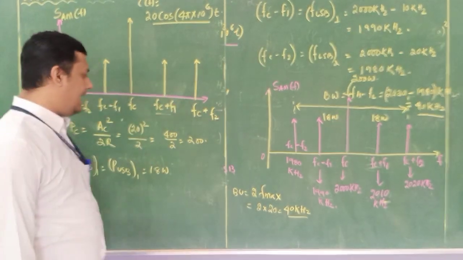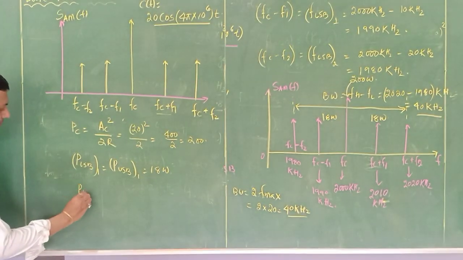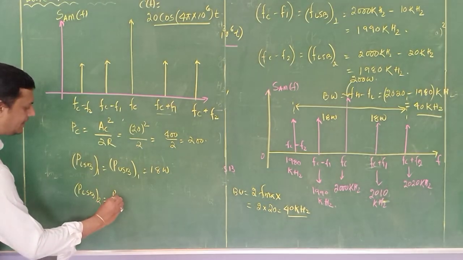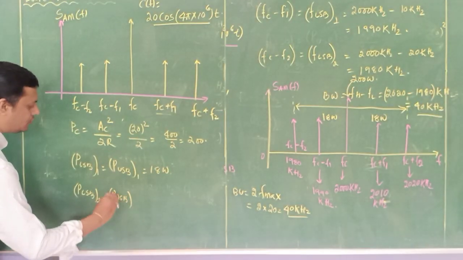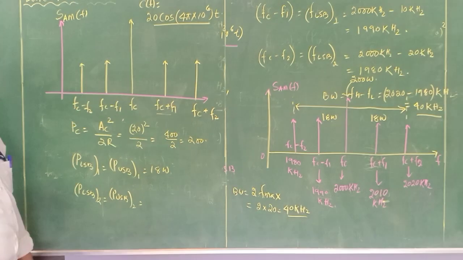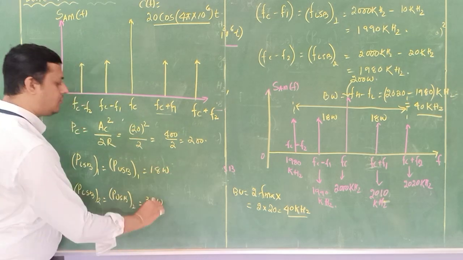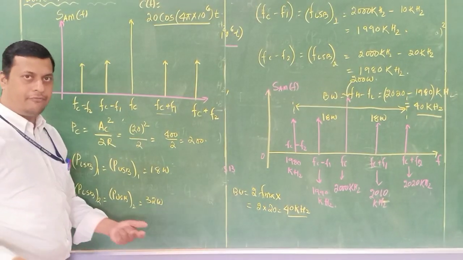Done. And P LSB2 is equal to P USB2, that we have calculated as 32 watt. So the total sideband power will be 50 watt.